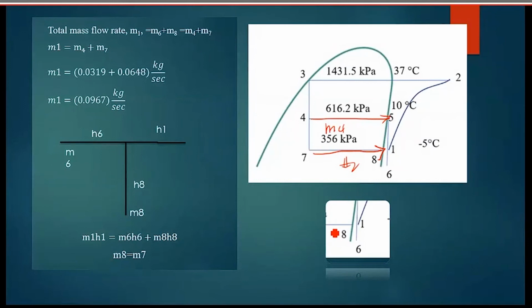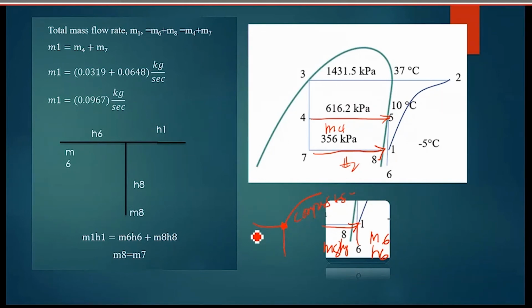So here, M8, mass 8, and H8. Then here, M6 and H6. No, so there's a junction. Look at this, and here, then it will go to the compressor suction port.